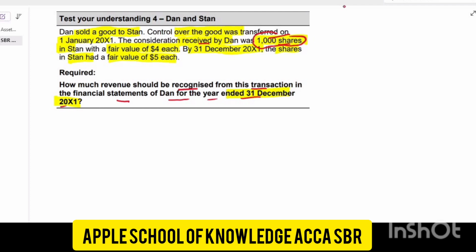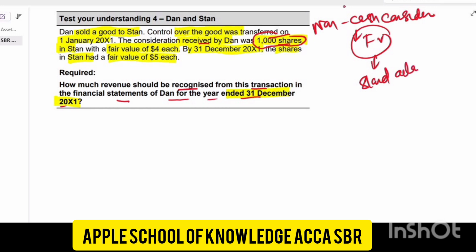This means that this is non-cash consideration, and it should be measured at fair value. And if the fair value is not measured reliably, then you have to use the stand-alone selling prices of the promised goods or services to the customer.